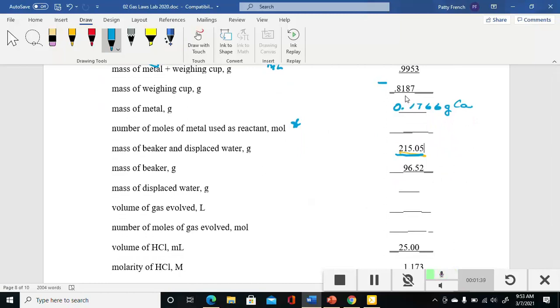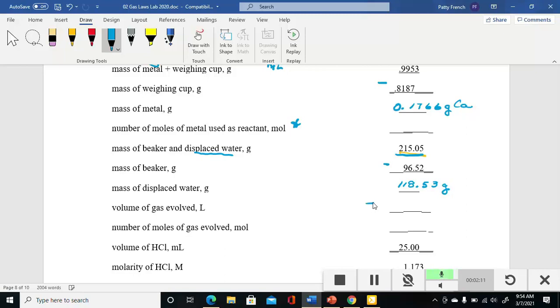So coming down here to look at the water that came out of the Florence flask in the tube, I had 215.05 grams of water and beaker. I had massed the beaker ahead of time, so that was just 96.52. So when I subtract these, I get 118.53 grams of water.